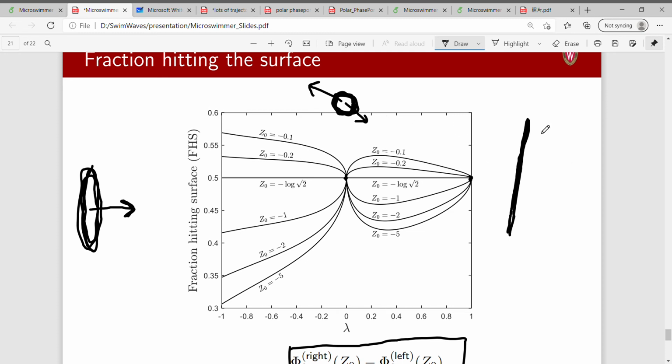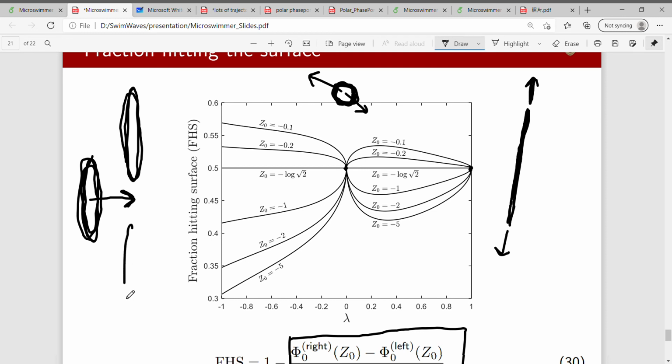Similar to this one, if it's swimming this way, then it's going up. If it's swimming this way, then it's going down. And for lambda equals -1, these are very, very thin plates. Just imagine this as a thin 3D plate.